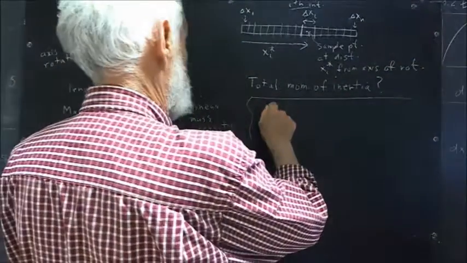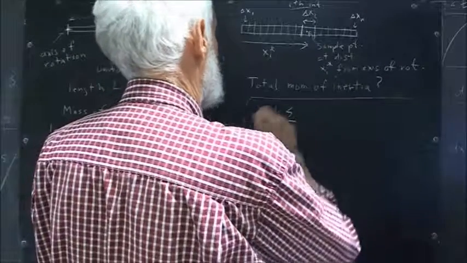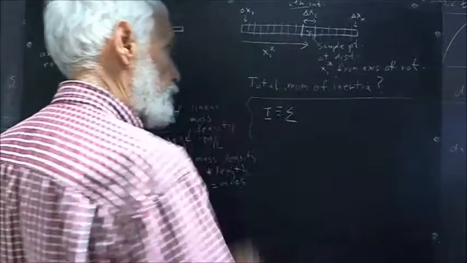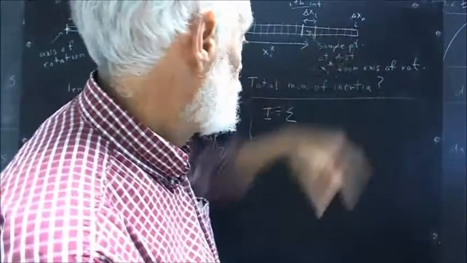The moment of inertia would be approximately equal to the sum, because we can't write the exact moment of inertia. We don't know where any of these xi's is within its interval.